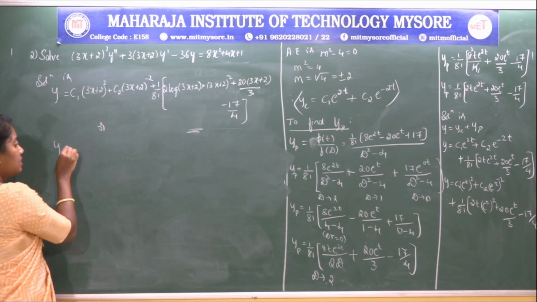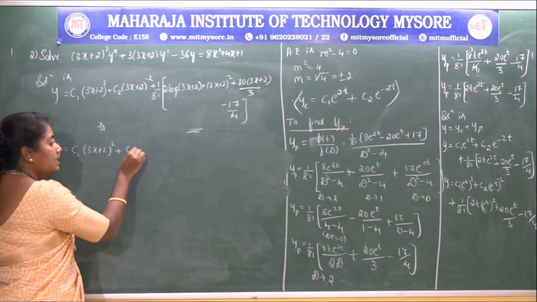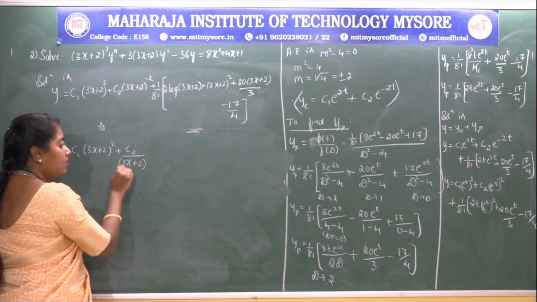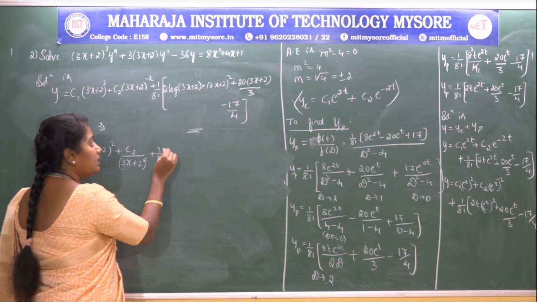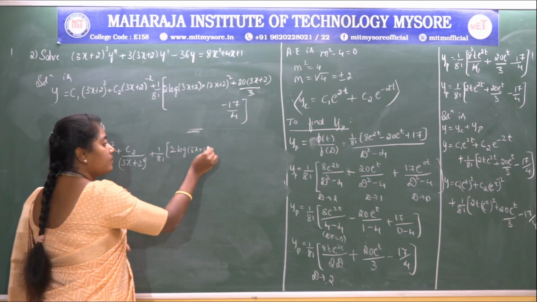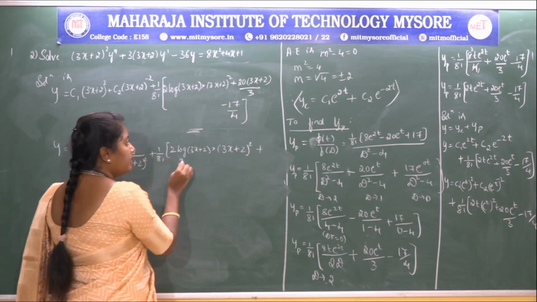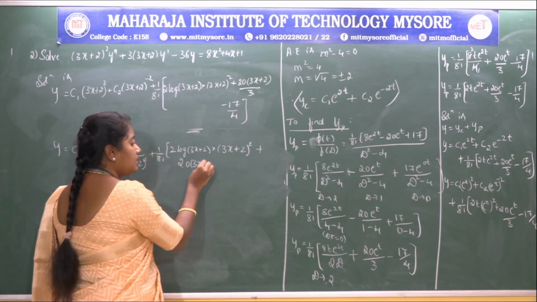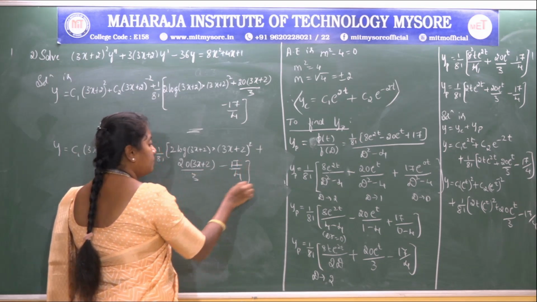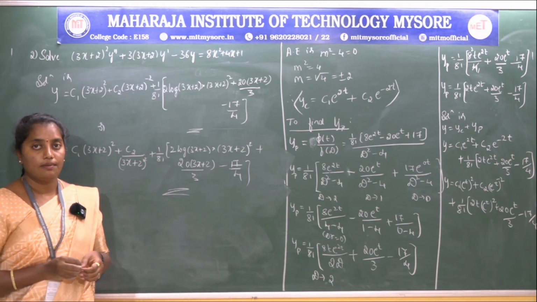Or we can write the solution as C1 times 3x plus 2 whole square plus C2, since we have minus 2 in the power, 3x plus 2 whole square in the denominator, plus 1 over 81 times 2 log of 3x plus 2 into 3x plus 2 whole square plus 20 times 3x plus 2 divided by 3 minus 17 divided by 4. So this is the solution of the given Legendre's differential equation.